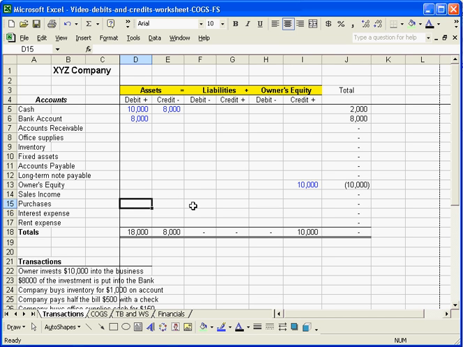We are buying $1,000. Okay, I'm sorry, that's not going to go here, because we're under the asset account. We have to come into the equity account.